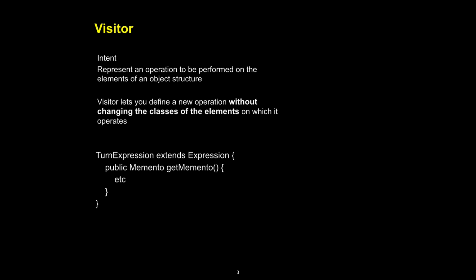Oh, all of a sudden, if my turn expression knows about mementos, that means we've modified our structure to know about mementos. And so it's like, wait, the whole reason for visitor is not to add that stuff to the structure, right?